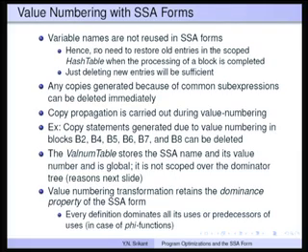Now recall that each name is unique in an SSA form. So, variable names are not reused in SSA forms at all. Therefore, there is no need to store old entries in the scoped hash table when the processing of a block is completed.